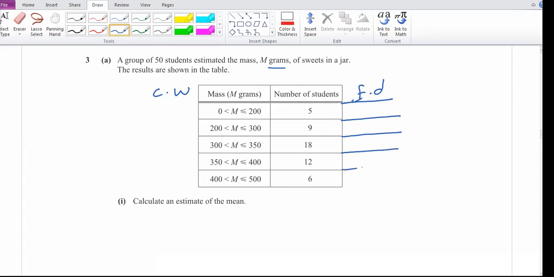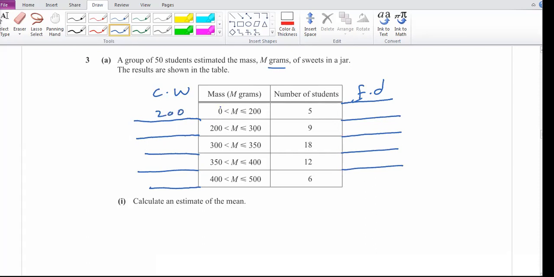Because you need class width and you need a frequency density. Then we will be able to make the histogram. What is the class width of this one? Lower class is 0, upper class is 200. So what will be class width? 200 minus 0, that is 200.